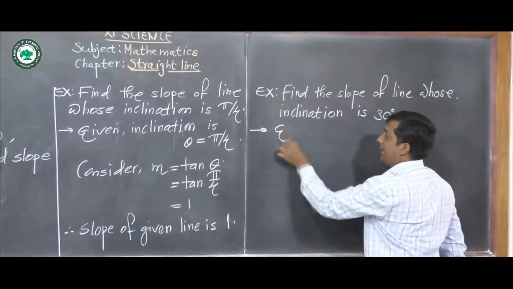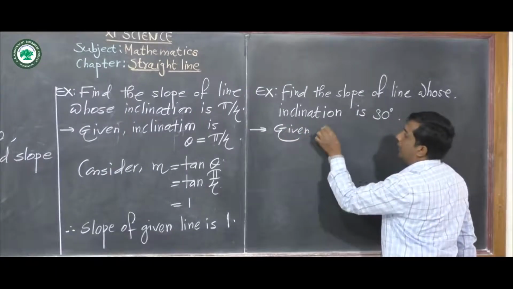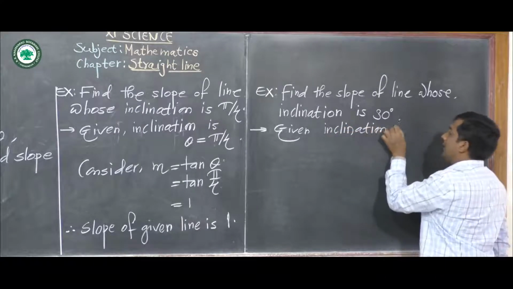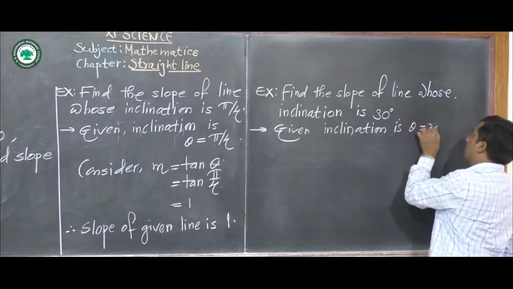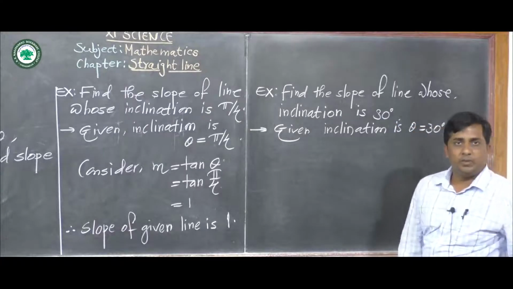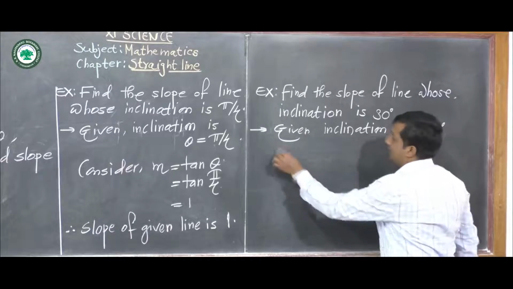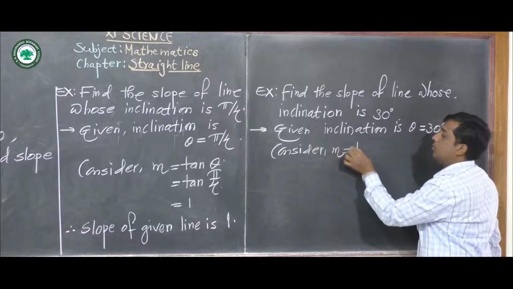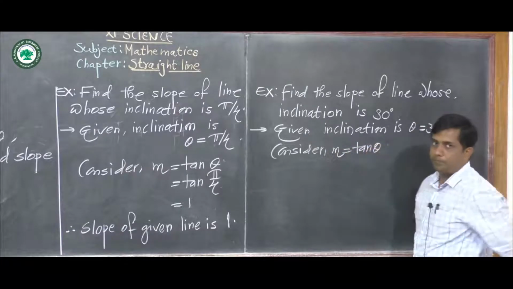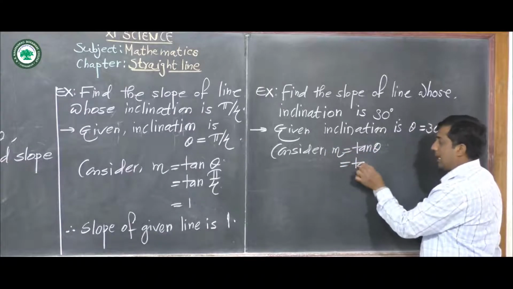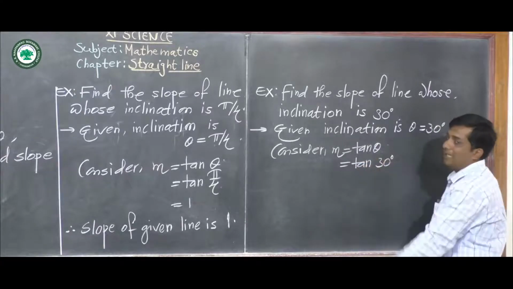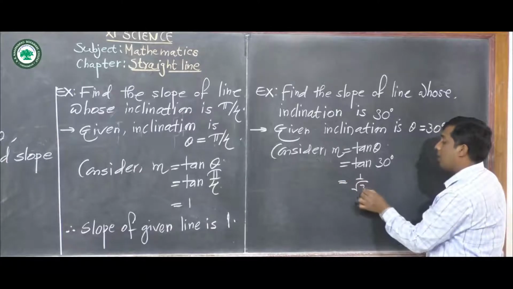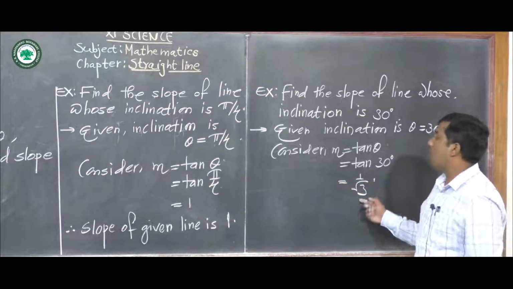Let us consider the given things. Given inclination is theta is equal to 30 degrees. To find slope, we use m is equal to tan theta. So m is equal to tan of 30 degrees, and we know tan of 30 degrees is 1 upon root 3.